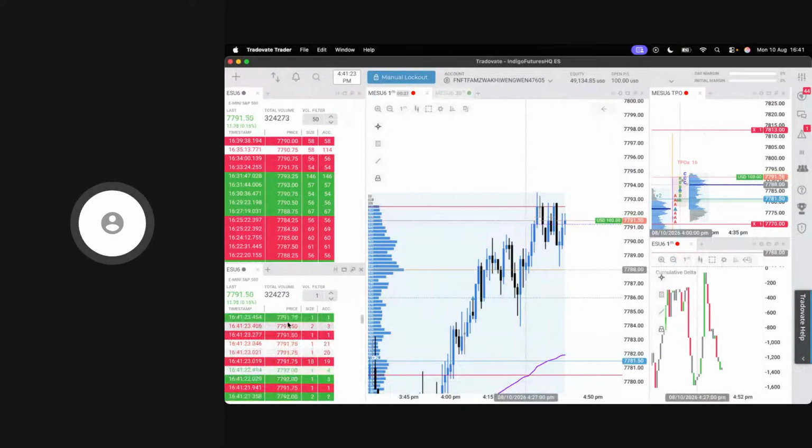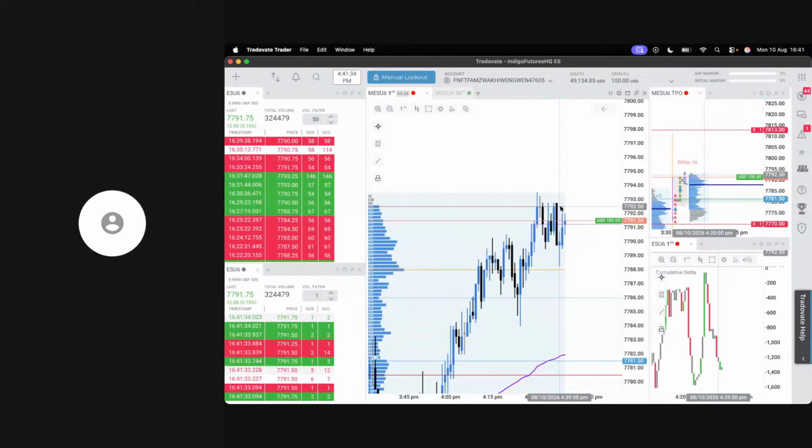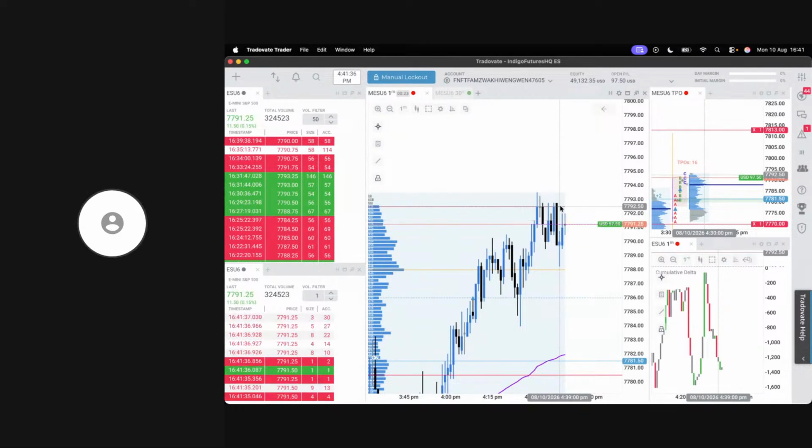Okay, 92s. They need to break above 92.50. 91.75 again.